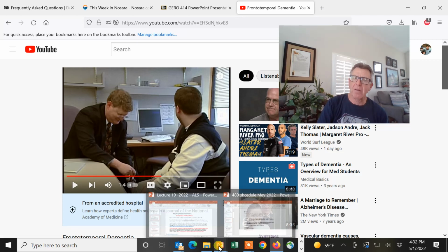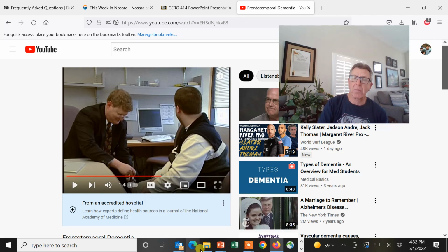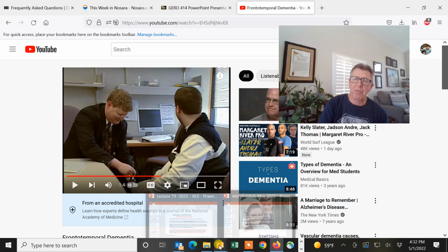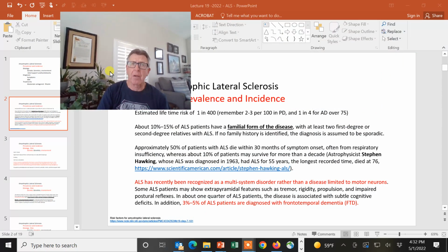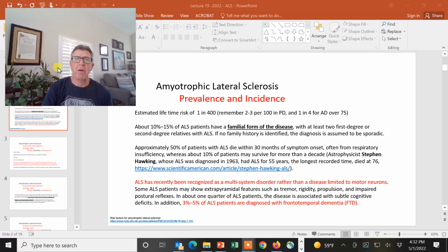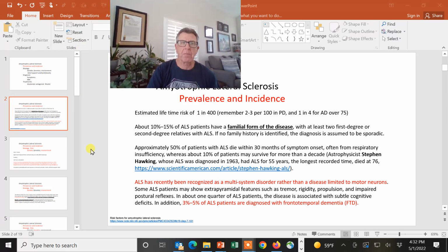The final bottom-line difference was that it was vascular. That was the better determinant of whether or not somebody was going to have Alzheimer's disease. So I thought it was pretty cool stuff.